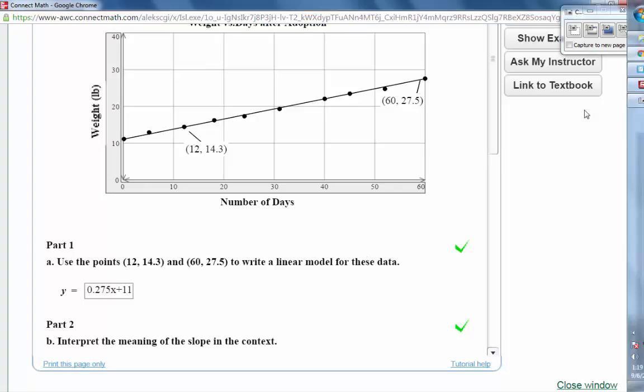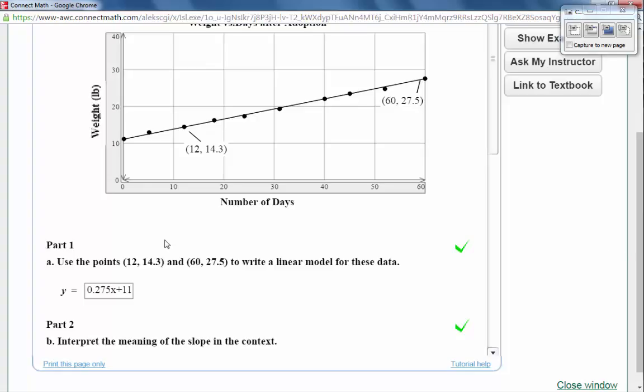Okay, we're going to take a break from this chapter, chapter 2, but we will come back to it. We will first cover 2 sections from chapter 9, kind of a break from functions. We are going to solve systems of equations for a while, then come back and finish chapter 2.